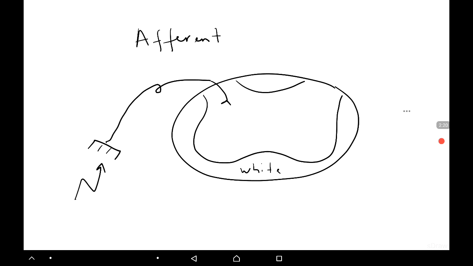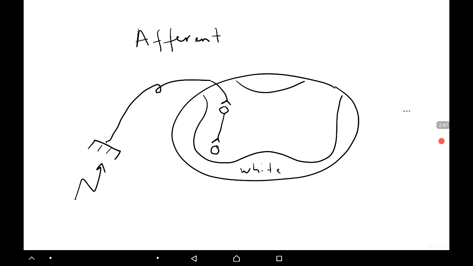So the afferent neuron enters the posterior horns of the gray matter. Here the body of interconnecting neuron is located. It produces an axon and it produces the synapse on the body of the efferent neuron, which is located in the anterior horn of the gray matter.